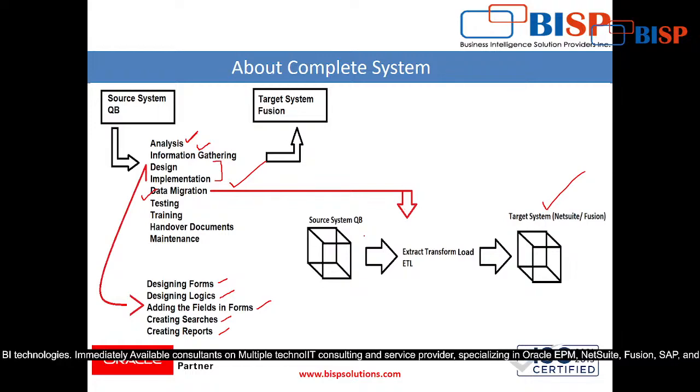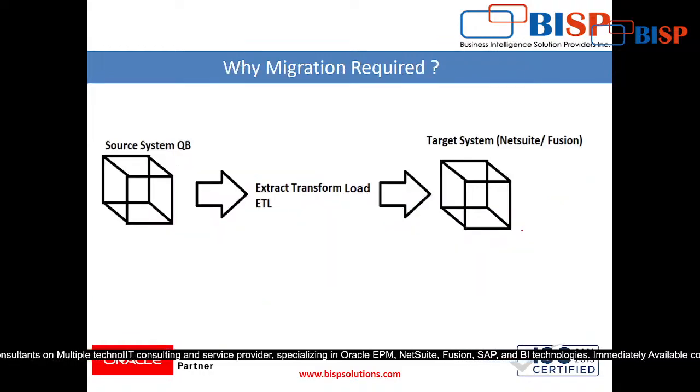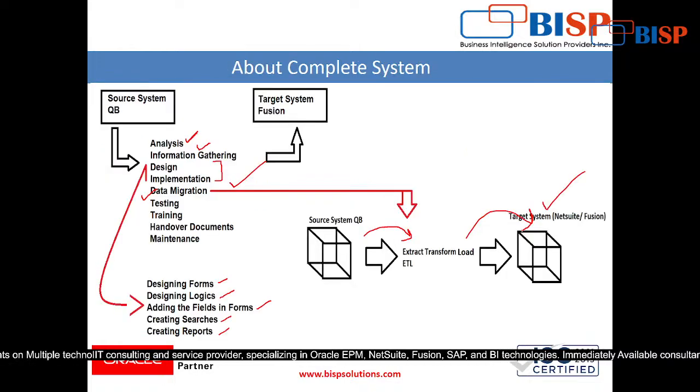Whatever the source data is, it will be kept in the staging part, and then from the staging part we will move this data to the main target system. So here comes our role, that is ETL: extract, transform, and load.